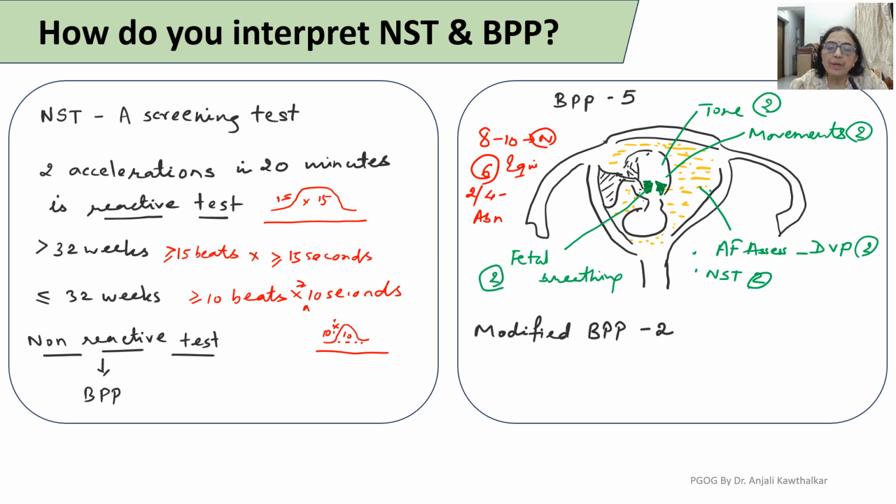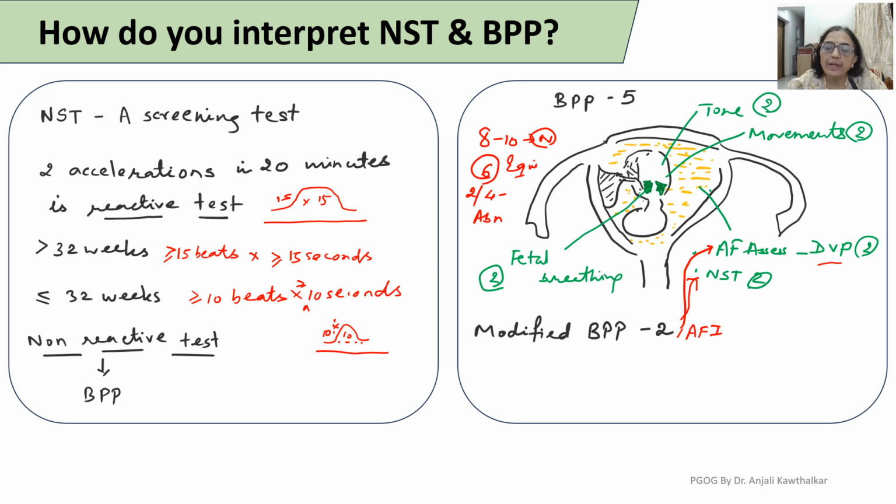Now there is the modified biophysical profile, where we see only amniotic fluid and non-stress test. The only difference is that here the amniotic fluid is assessed by amniotic fluid index, whereas in the full profile we see deepest vertical pocket.